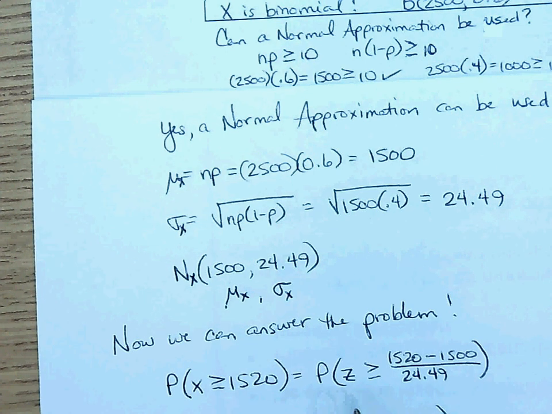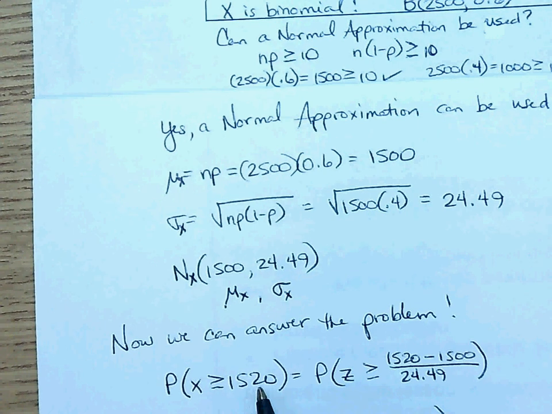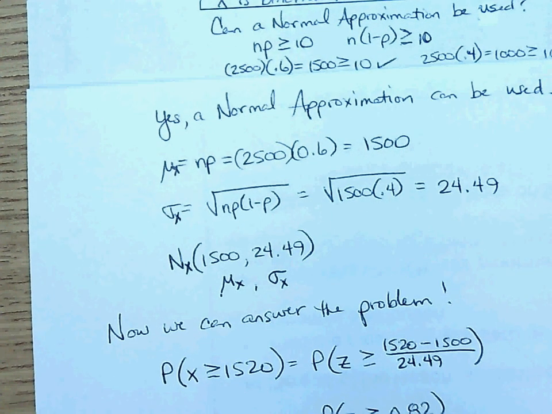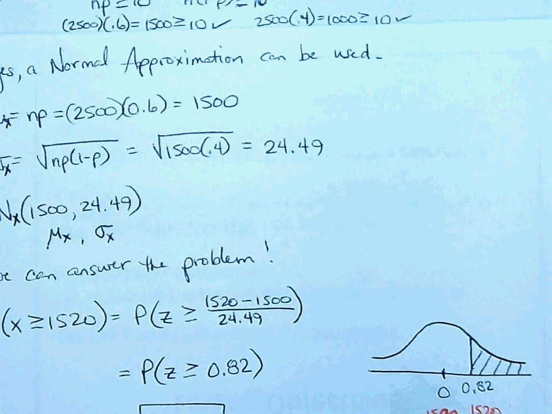I'll convert this over to a standardized score, which means z equals x minus mu, 1,520 minus 1,500, over sigma, 24.49. So I'm looking for the probability that z is greater than 0.82. I draw a picture. If I put it on the z-curve, then 0 is my mean, 0.82, and shaded above is what I'm looking for.